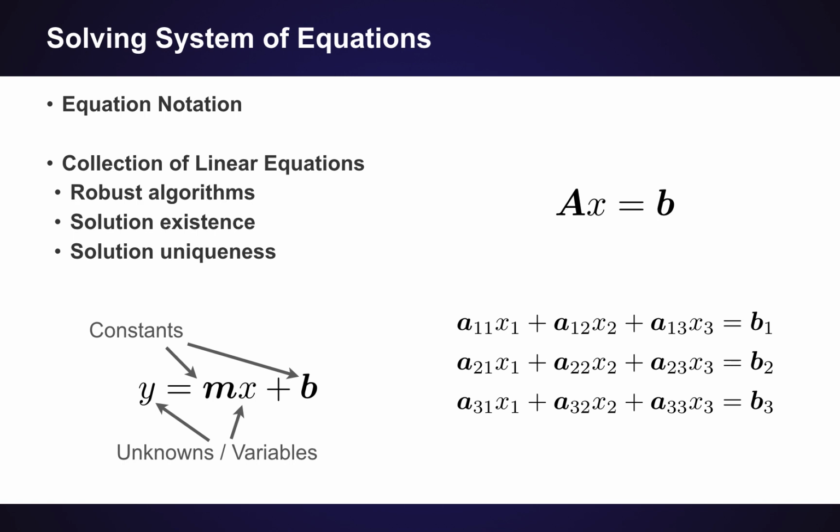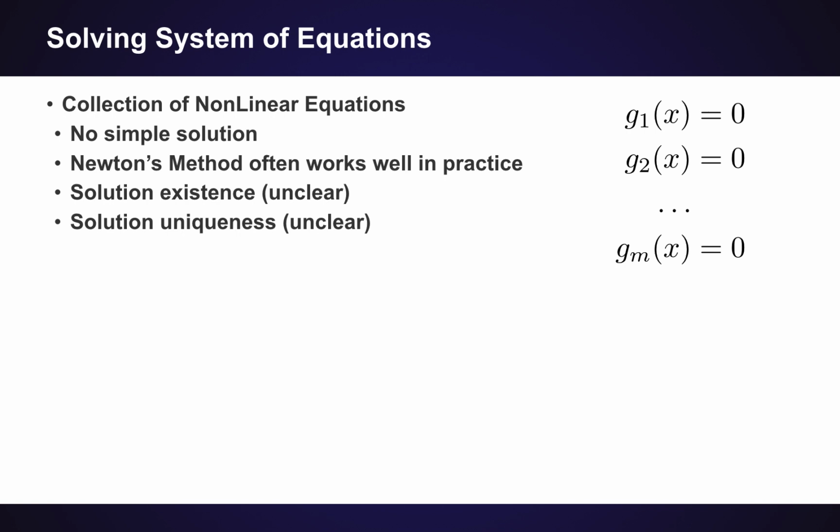The nice thing about solving collections of linear equations is that it's very easy to do in practice. There are robust algorithms. You can easily detect if a solution exists to the system of equations. You can also show that it will be a unique solution.